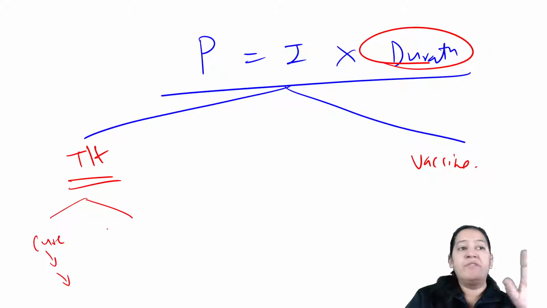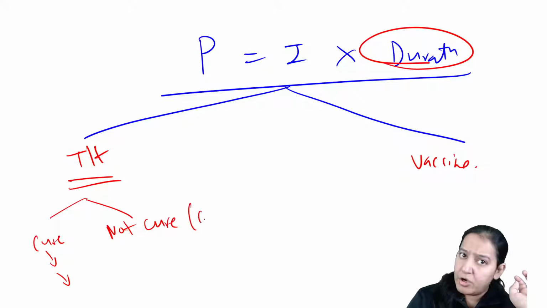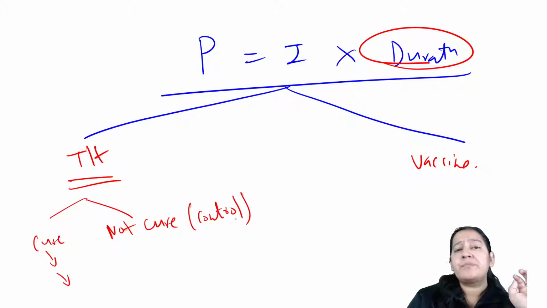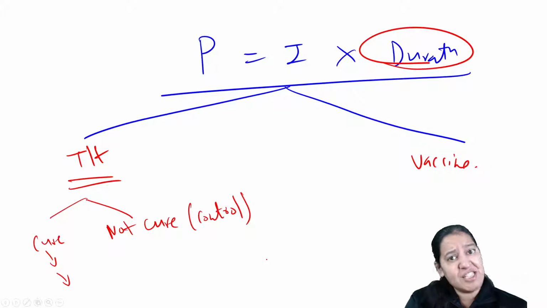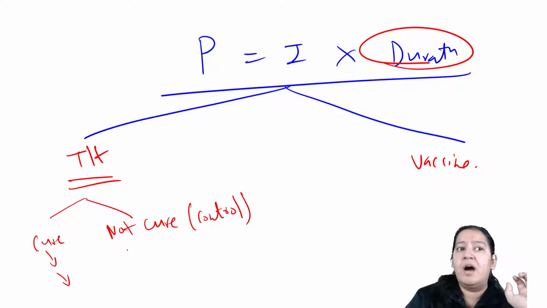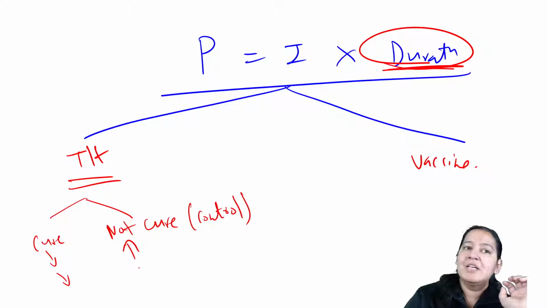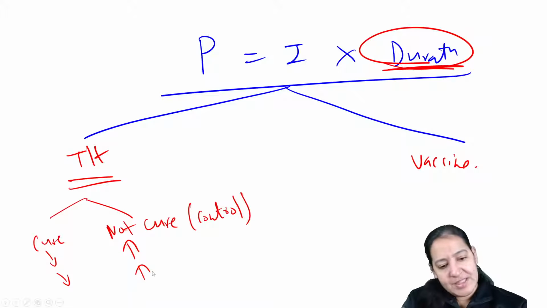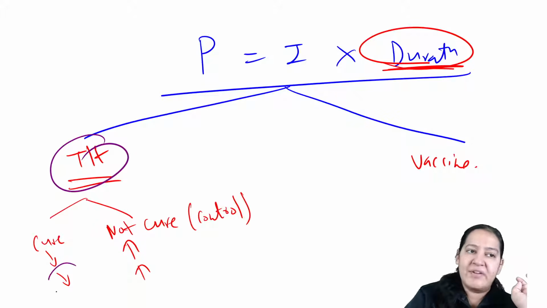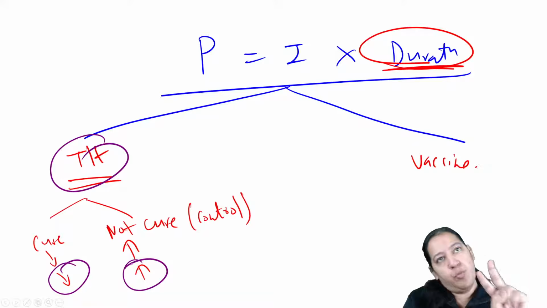Some treatments do not cure the disease, like diabetes and hypertension. They control the disease, increasing the life of the diseased person in that area, so they increase the duration of disease and so increase the prevalence. So treatment can decrease the prevalence, increase it, or both.